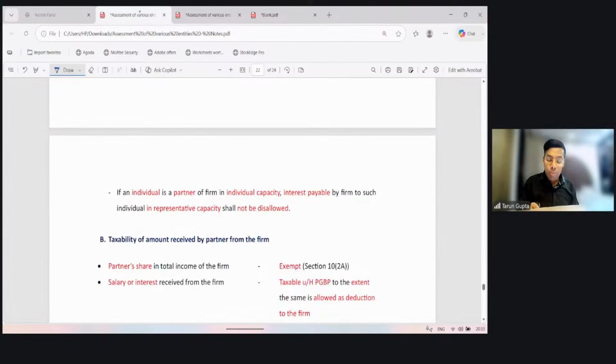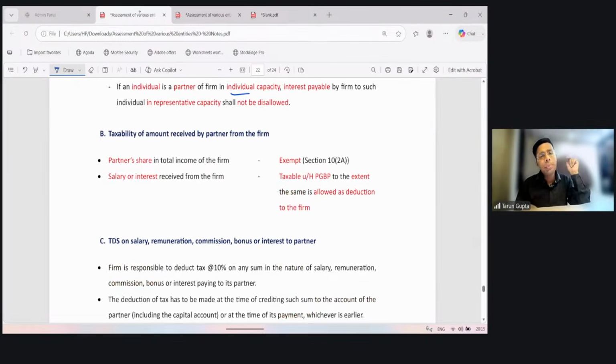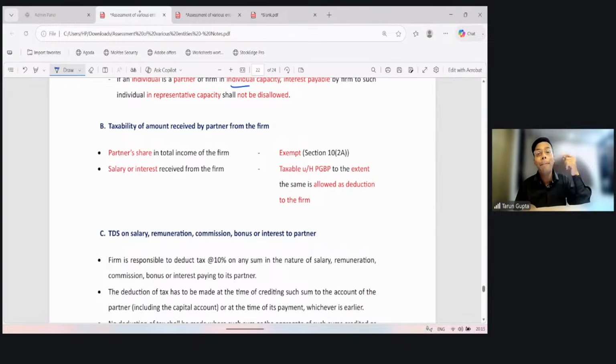Similarly, if he is a partner in individual capacity and the loan is given by the HUF and interest is paid to him in a representative capacity on behalf of the HUF, then such interest is also not subject to section 40B, of course. 40B is applicable only if the interest is payable to the partner.